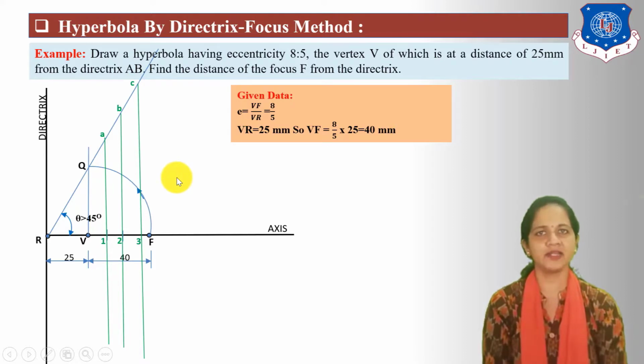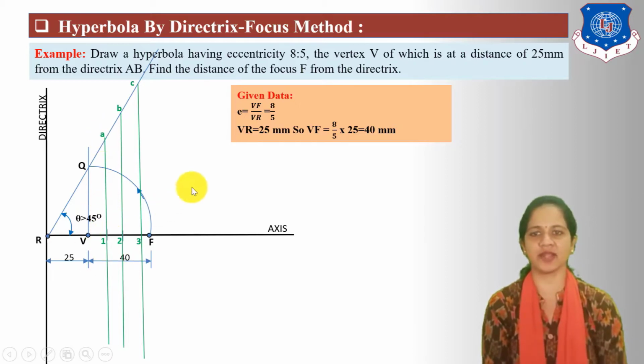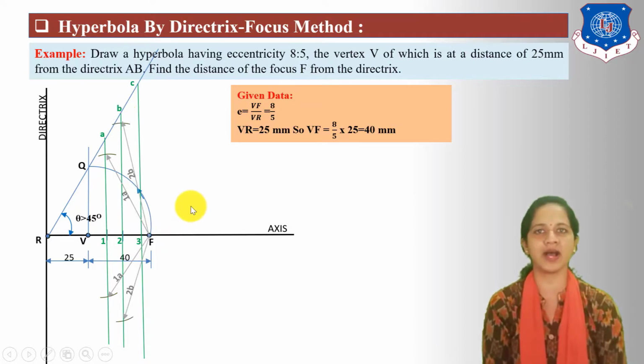Next, for finding locus point. Now here for finding locus point, the drawing steps are common for ellipse, parabola and hyperbola. First, take radius 1A, center F and cut 2 arcs on 1A vertical line. Next, take radius 2B, center F and cut 2 arcs on 2B vertical line.